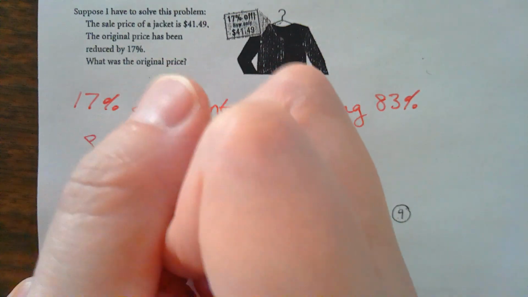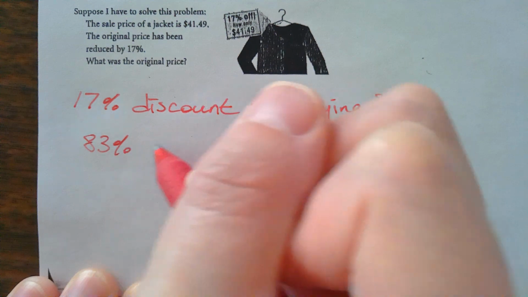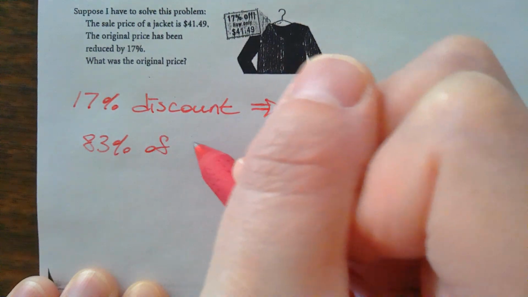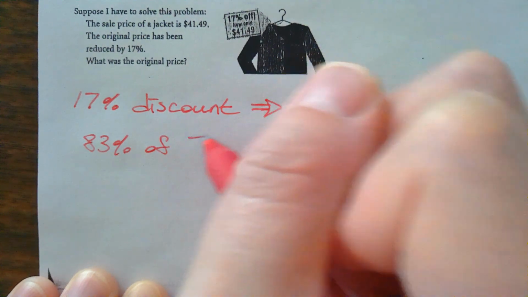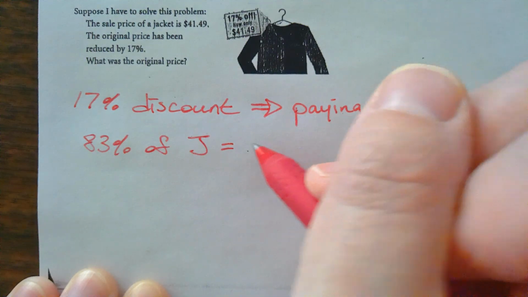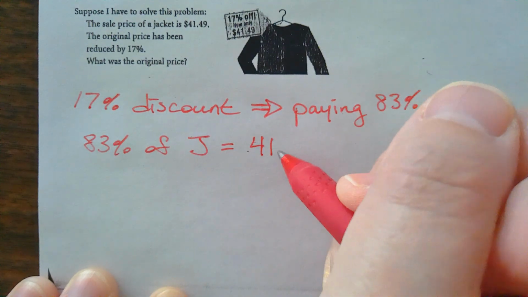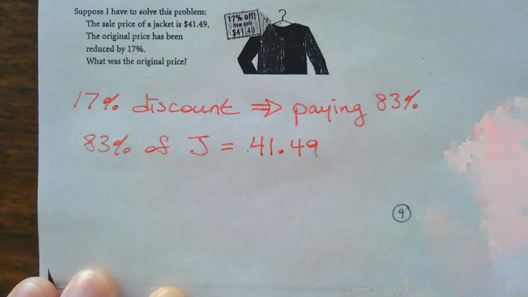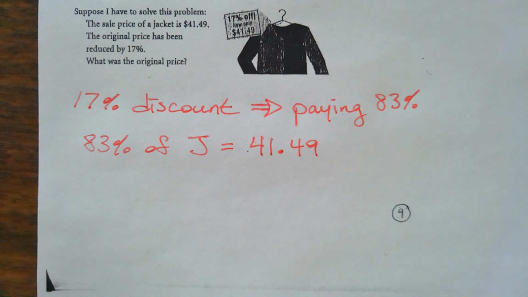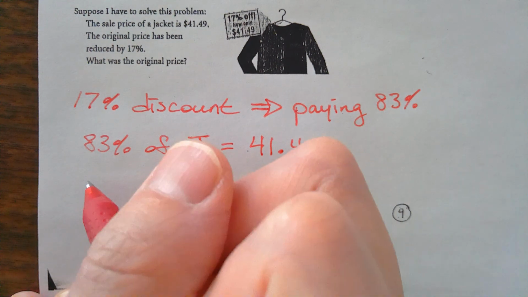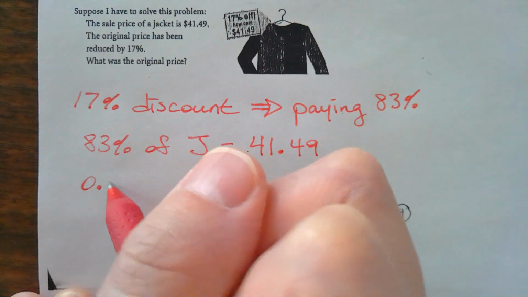Okay. So 83% of the jacket gives you $41.49. Okay. Afnan, what is 83% as a decimal? Good.